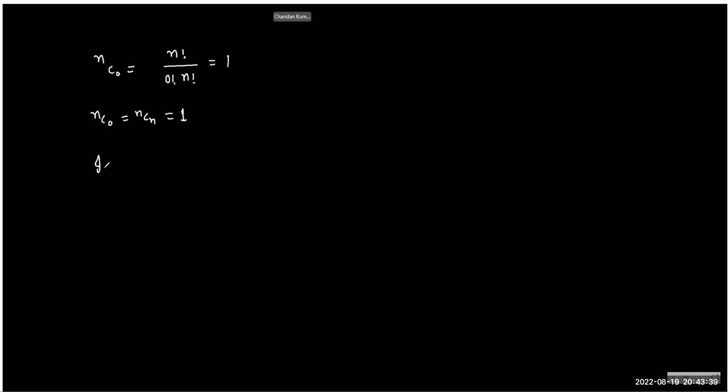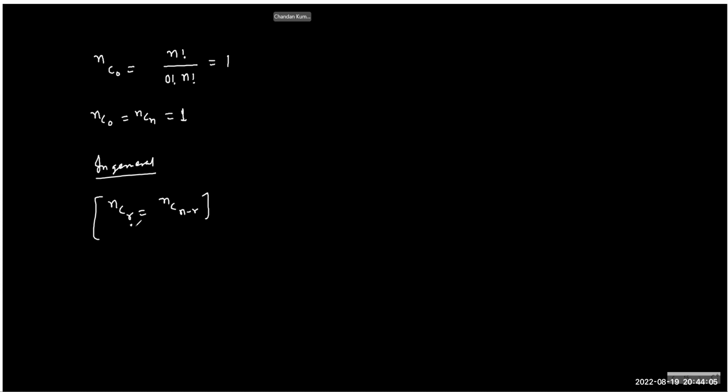In general, you will realize that nCr is always the same as nC(n minus r). Of course, it won't be 1, it will have some other value. But this is very interesting. If I give you how many apples you are supposed to pick, by default I also give you the instruction of how many bananas you have to pick, isn't it?